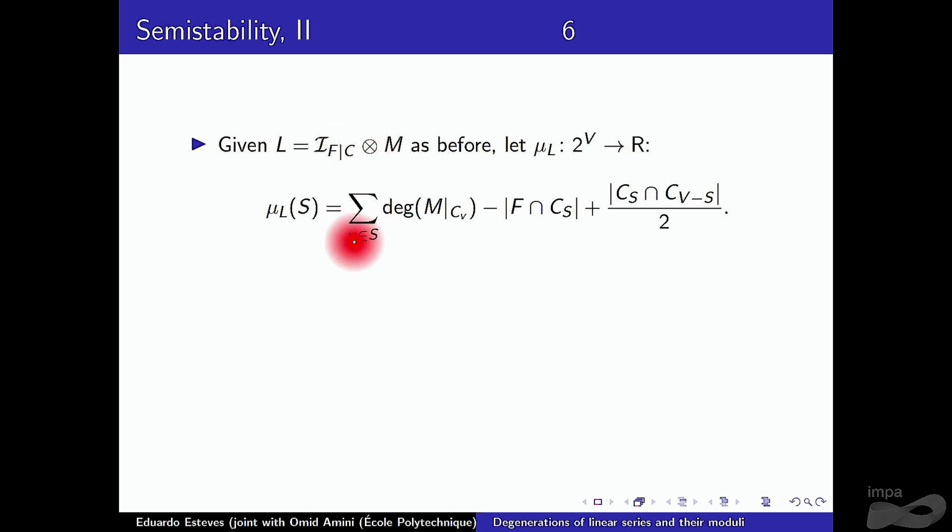I'm defining this function on subsets of V that associates the degree of the sheaf on that subcurve, which is this part here. And then there is a correction term that doesn't depend on the sheaf itself. These are just the points of intersection of that subcurve with the complementary subcurve over 2.